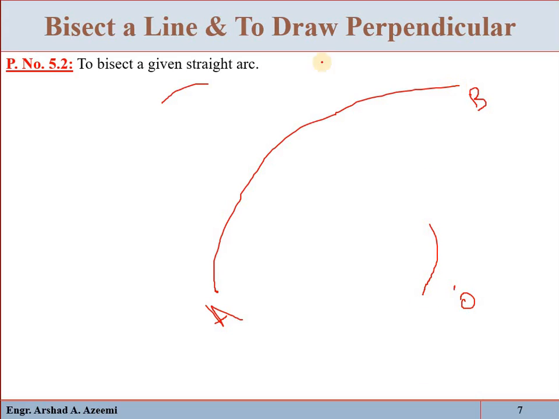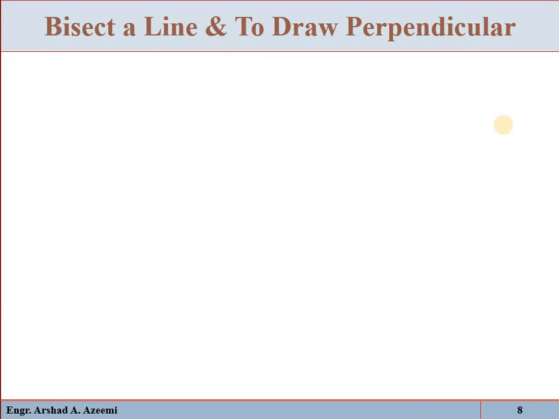Similarly, with center B and the same radius, mark an arc here and here. Suppose that is point C and this is point D. Now join points C and D, and suppose this is point E. So AE will be equal to EB, and that will be half of the arc AB. So this is the bisection of arc AB.